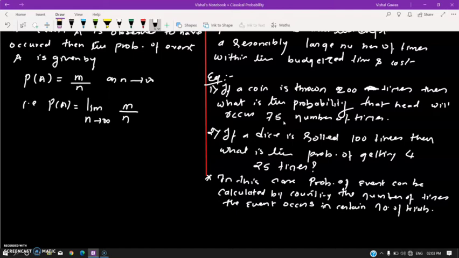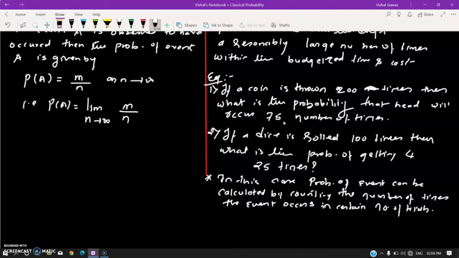Similarly, if I look at rolling a die, say 100 times, then what's the probability of getting, say, a six 25 number of times? In this case, we need to do a certain experiment, or we need to find statistics, to get the exact probability.